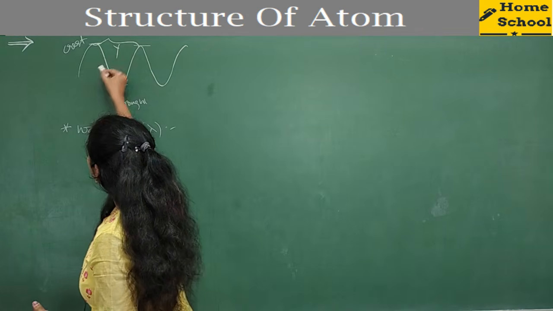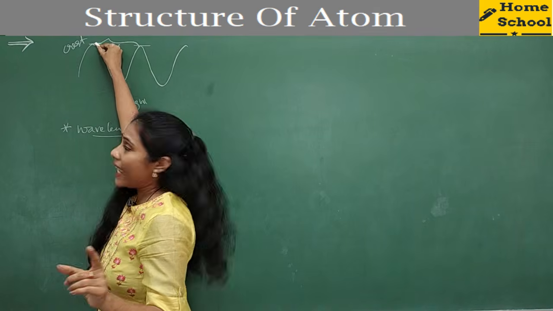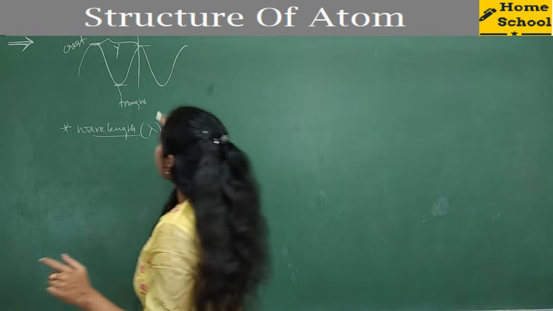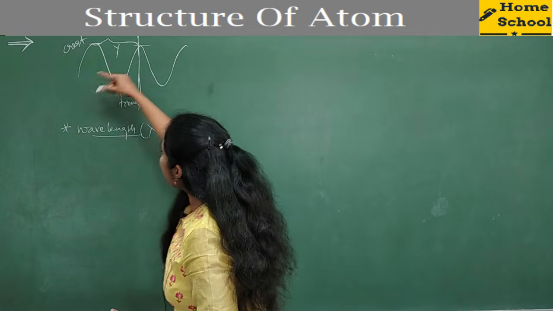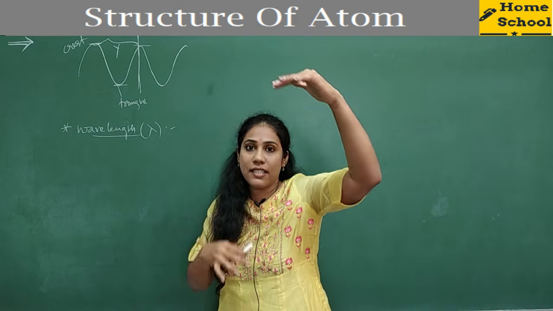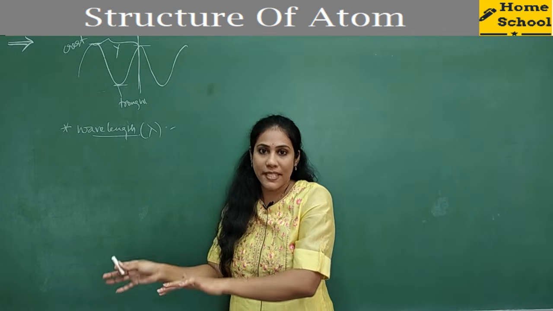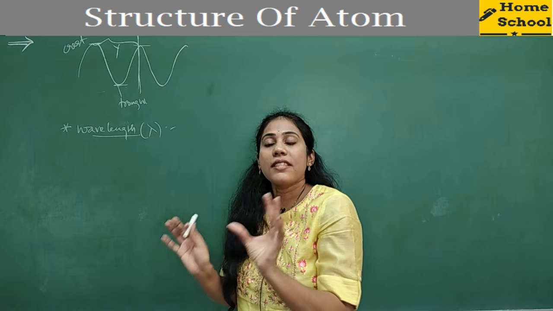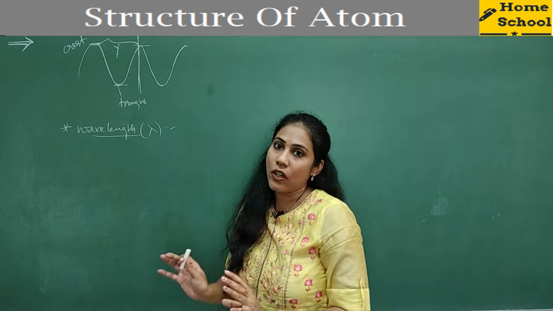What do you mean by one wave, guys? The wave that includes one crest and one trough is called one wave. Say this much is our one wave. It should include one crest, the tallest peak, and the lowest peak.